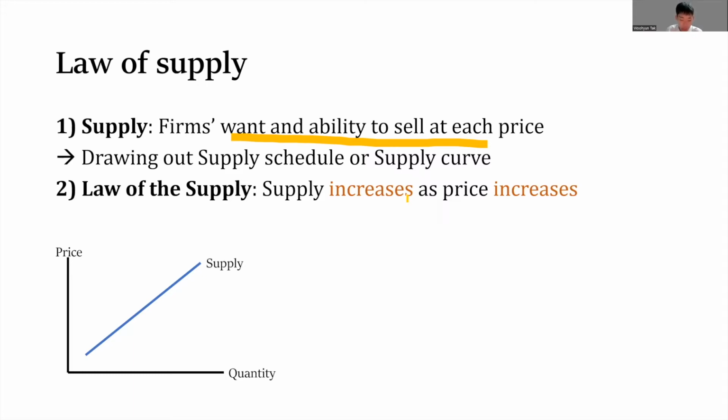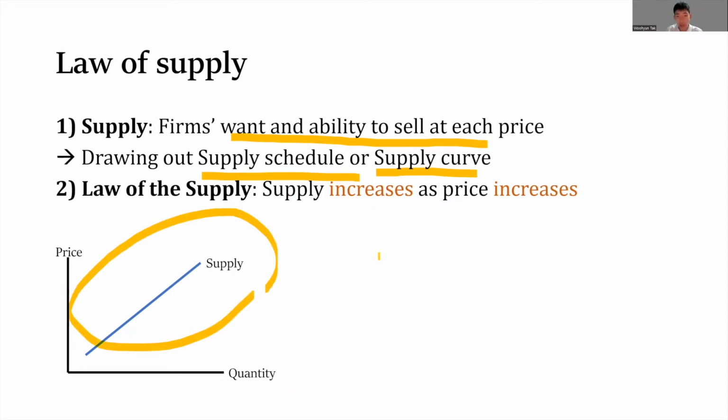And we can extract the supply schedule and supply curve as we learned in the law of demand. Supply curves are upsloping because supply increases as price increases. We can check in this graph. When the price increased, the quantity produced also increased.